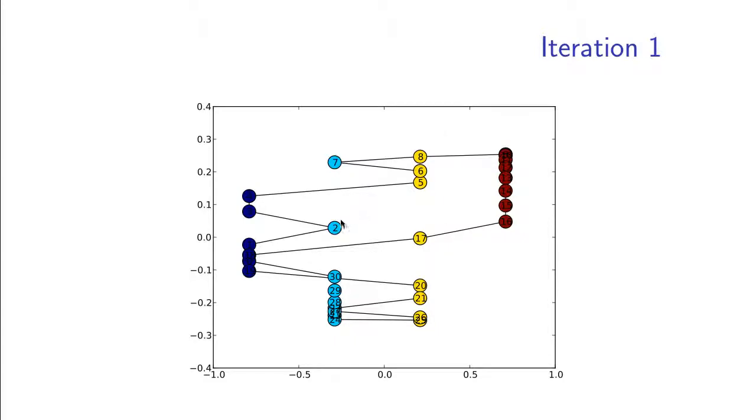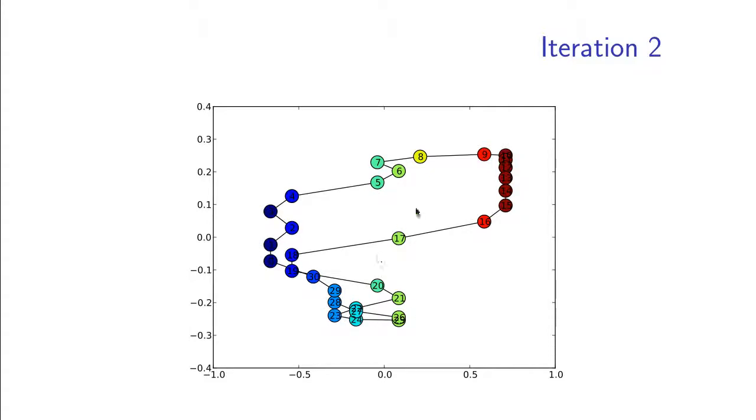Again, at the next iteration, every vertex will take the average of what it had before and the average of the neighbors. And see that every iteration, the arrangement is less and less random, and we start seeing the vertices that tend to want to be ordered according to the order in which they appear in the cycle.